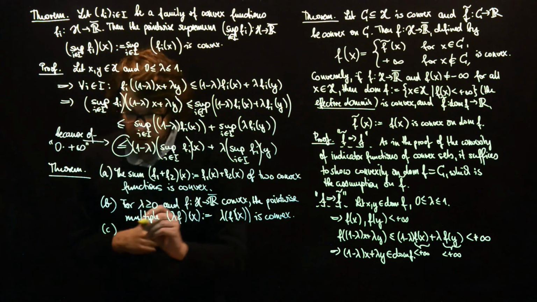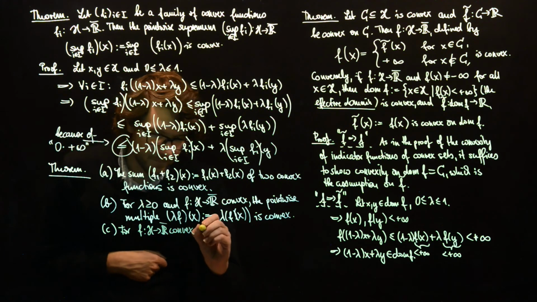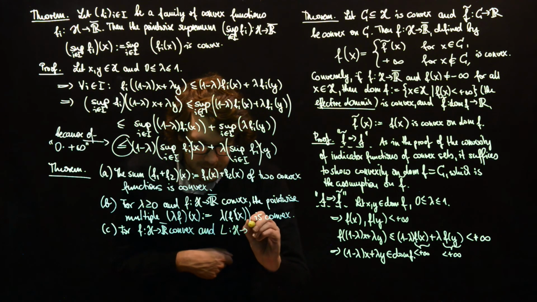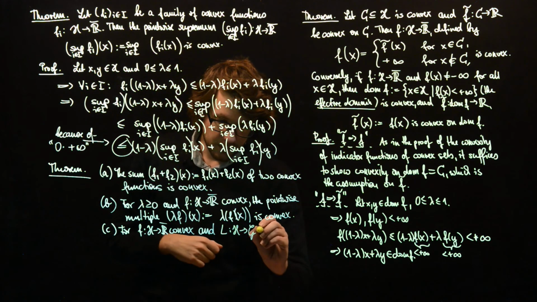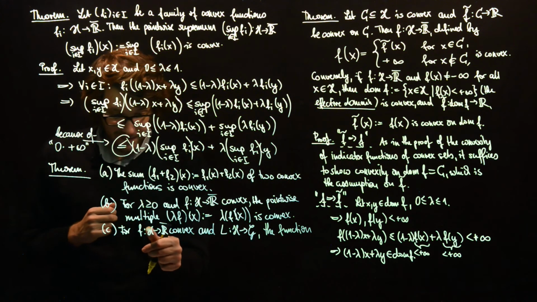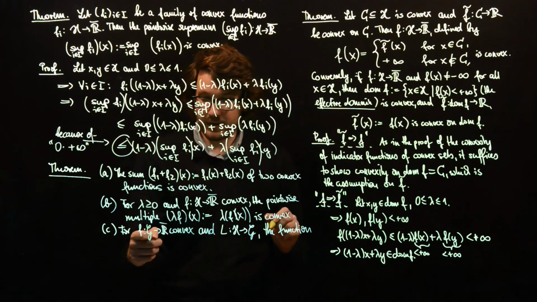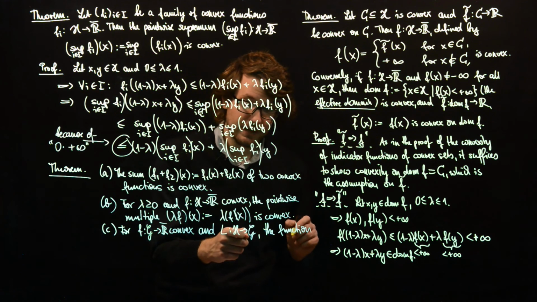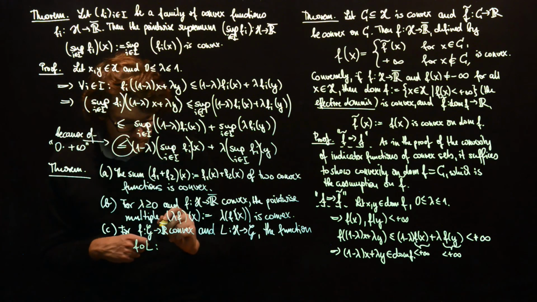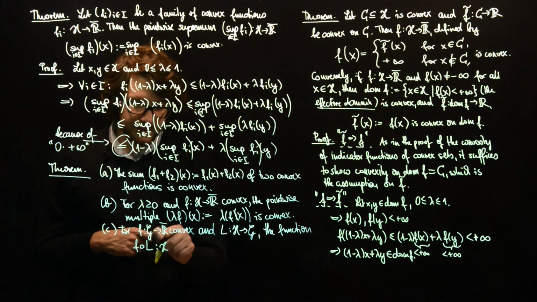And C: for a convex function f defined on G with extended real values, and a linear operator L defined on H with values in G, the function f composed with L is, so L takes values in H and maps them to G, and then f maps them to R bar.